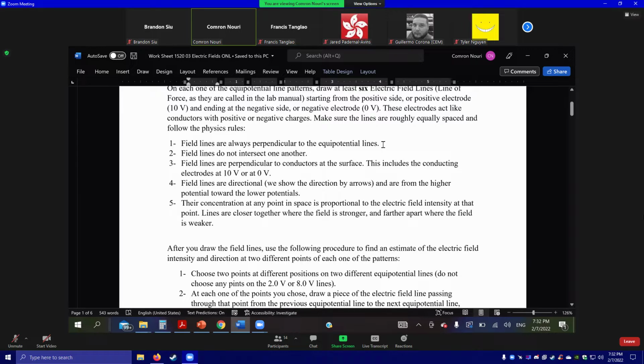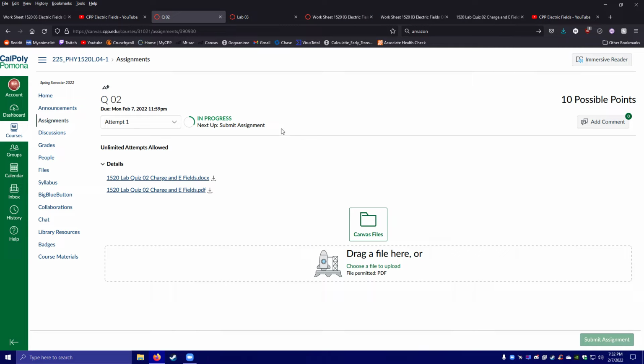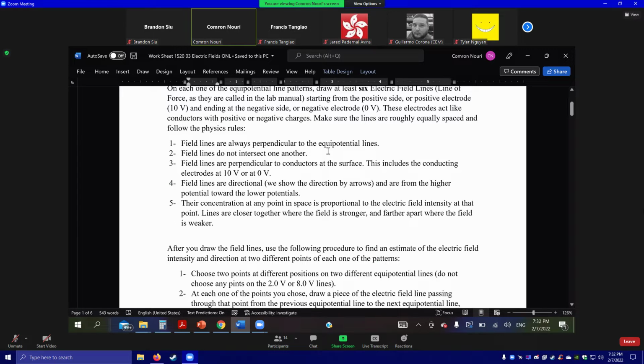Because we are talking about two dimensions here, equipotential surfaces now become equipotential lines, which is the cross section of equipotential surfaces to this plane that we are working on. Field lines are always perpendicular to the equipotential lines. Field lines do not intersect one another.